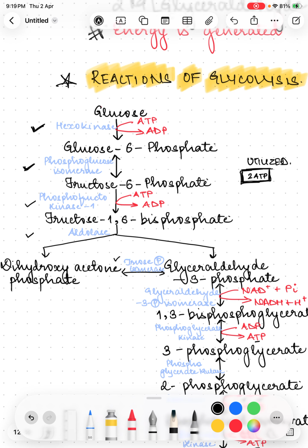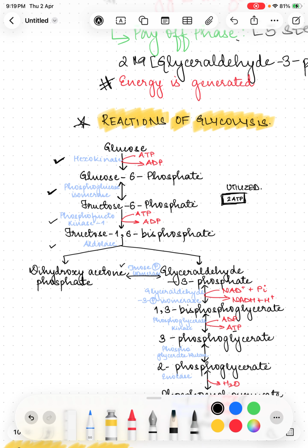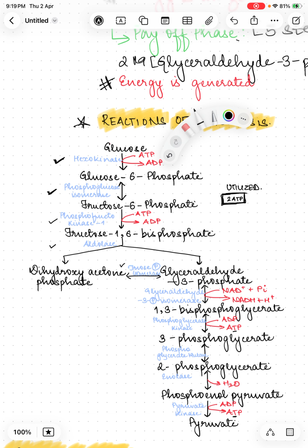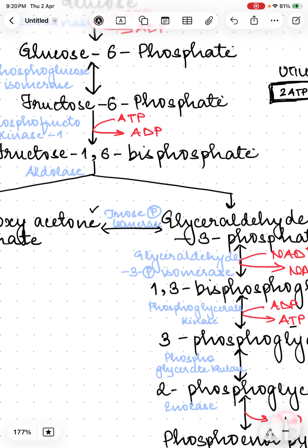In the next reaction, fructose 1,6-bisphosphate splits up into dihydroxyacetone phosphate and glyceraldehyde 3-phosphate, which are of 3 carbon. As glycolysis proceeds with glyceraldehyde 3-phosphate, the dihydroxyacetone phosphate gets converted into glyceraldehyde 3-phosphate with the help of the enzyme triose phosphate isomerase.